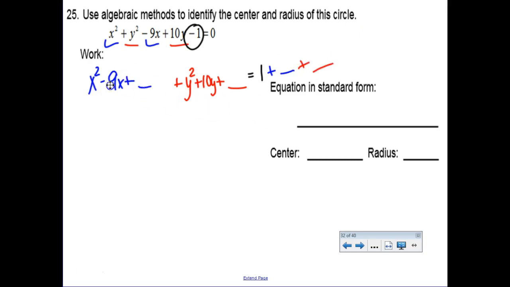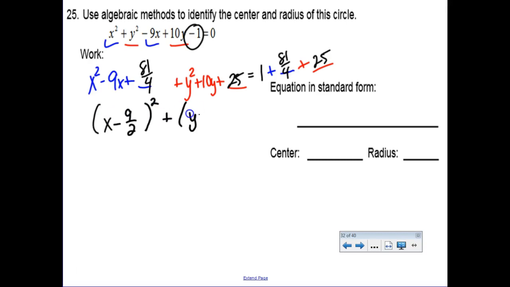Here we go. Half of 9 squared would be 9 halves, so 81/4. Half of this squared would be 25. So, let's see here. Oh, I don't feel like doing fraction work. I think I already answered this one. So this one factors into x minus 9 halves squared plus y plus 5 squared equals, and when you add all this up, I think you get 185/4.